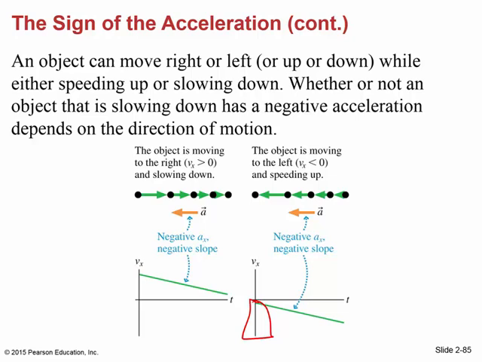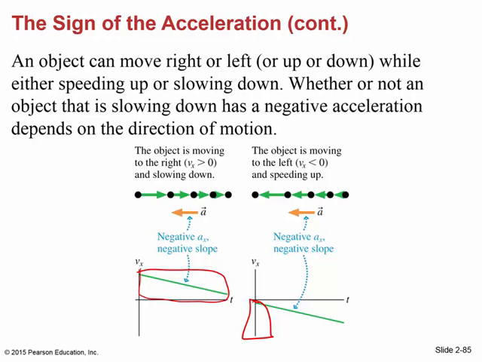If you're looking at a graph and the slope is in the positive quadrant as opposed to the positive x and y, or in the positive x, negative y, pay close attention to that. Now, let me say something else too. Just because an object has negative acceleration does not mean it's not moving in the positive x direction.